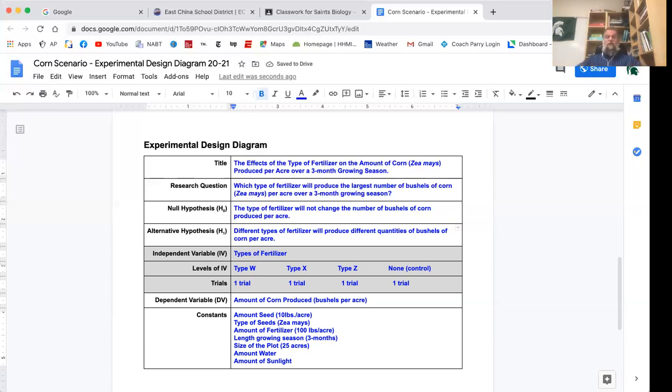So in my alternative, I'm predicting that there actually will be a difference. And so if I can reject the null and provide evidence that there is a difference, I then can go further and predict which of the fertilizers I think will have the biggest difference, and ultimately make my decision as to which fertilizer to invest in the next season.